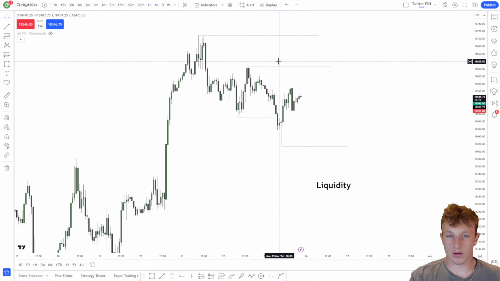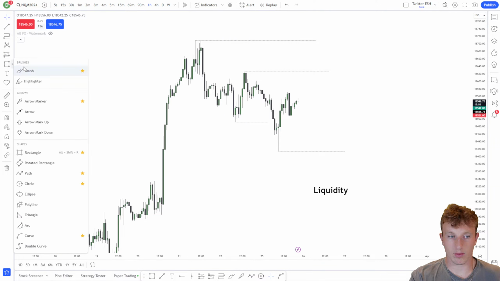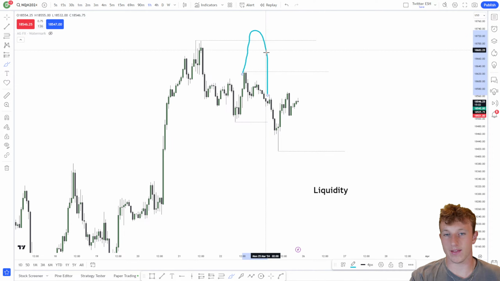We, as smart people, see this as liquidity, because we know that if retail traders see something like this as resistance and think we're going to reject it, we see it as liquidity. We want to see something like this happen where we go above it and then back below it. And that's why it's important to understand the term liquidity.